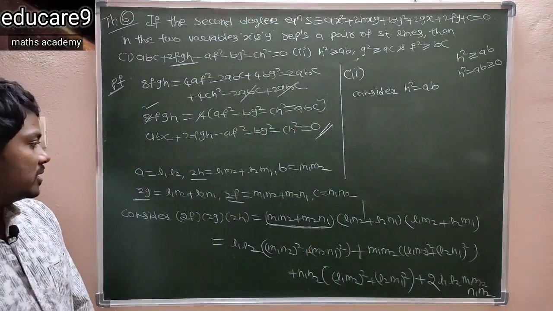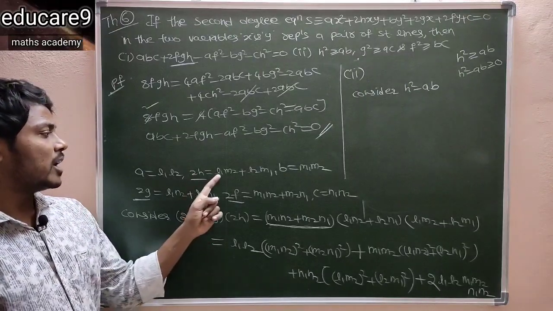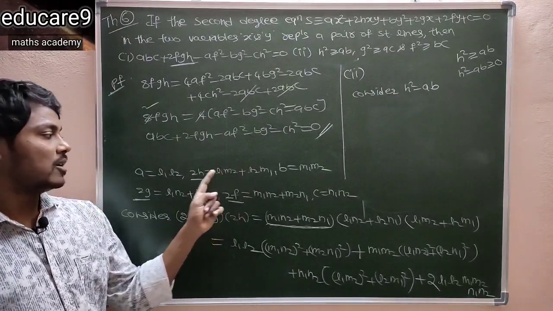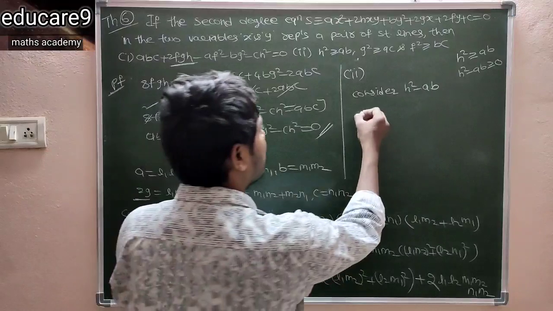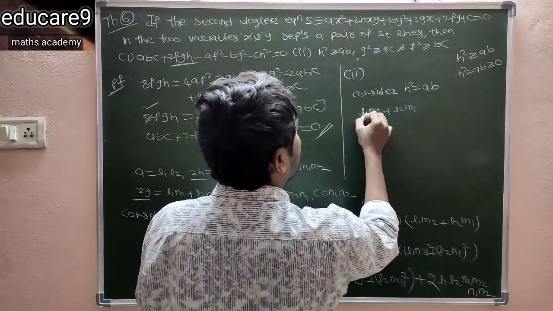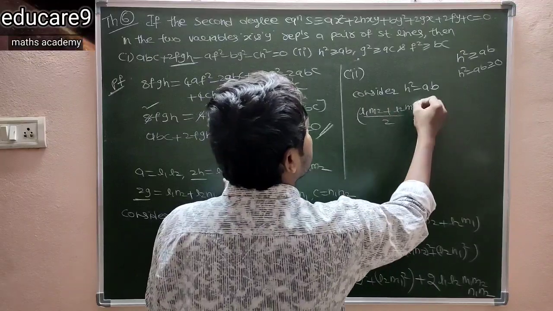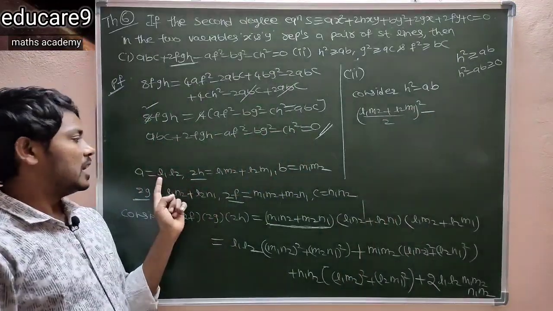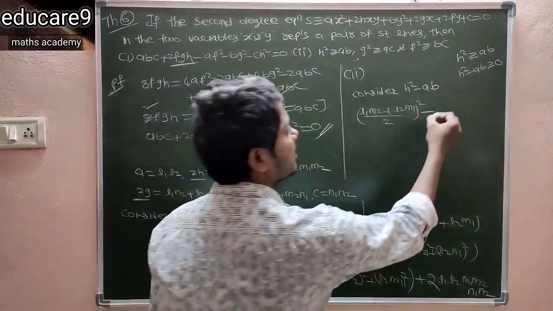So what is the h value? Here 2h value is L1 m2 plus L2 m1. So from this, h is L1 m2 plus L2 m1 divided by 2, whole square, minus ab, that is L1 L2 m1 m2.